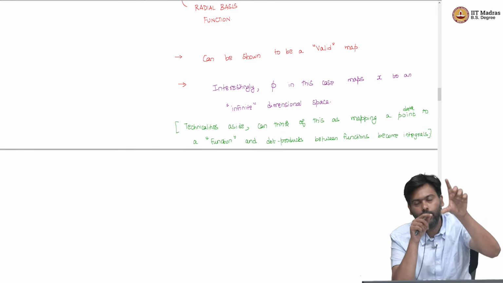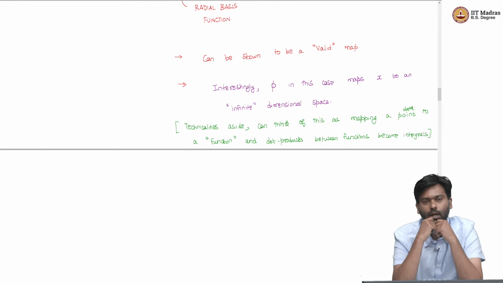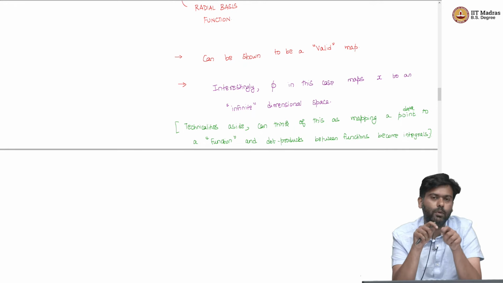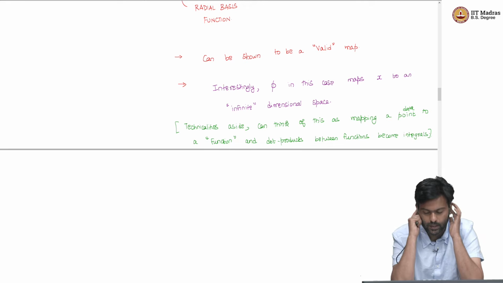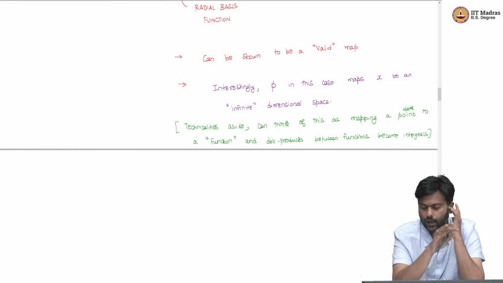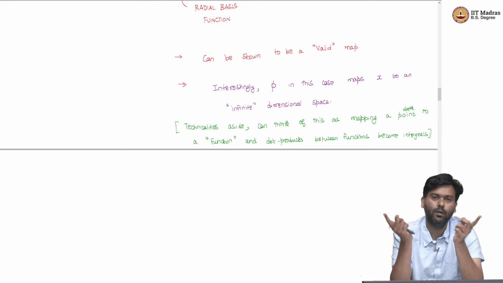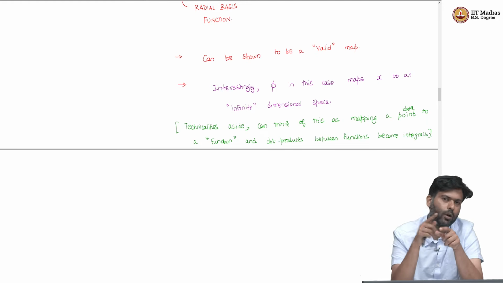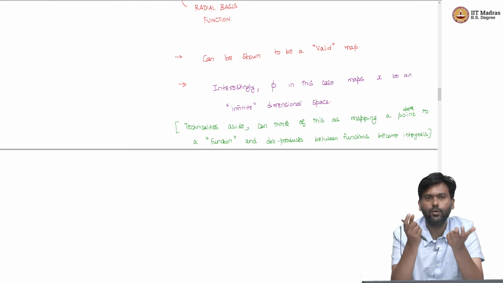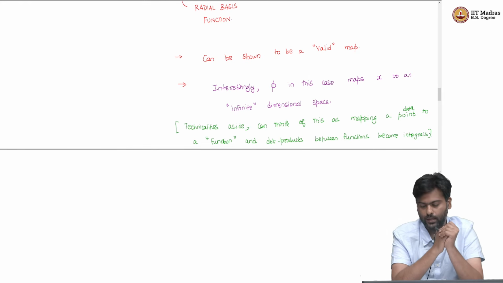Of course, you cannot write down everything if it is uncountably infinite, and that is why we should think of this mapping as mapping a point to a function, right. But that is just a technicality. Now, how do you do dot products after you map points to functions? Because this is infinite dimensional, your dot product is essentially a sum, but in the continuous case, instead of a sum, it becomes an integral, right. So, that is what you do to exhibit that this is in fact a valid map.